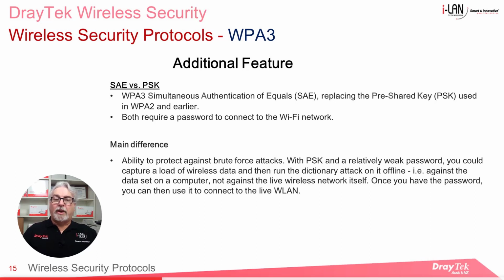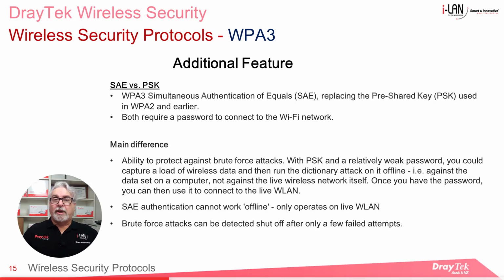With PSK and a relatively weak password, you could capture a load of wireless data and then run a dictionary attack on it offline, that is, against the data set on a computer, not against the live wireless network itself. Once you have the password, you can then use it to connect to the live wireless LAN. SAE authentication cannot work offline, it has to operate on the live wireless LAN, so a brute force attack can be detected by an AP and shut off after only a few failed attempts.